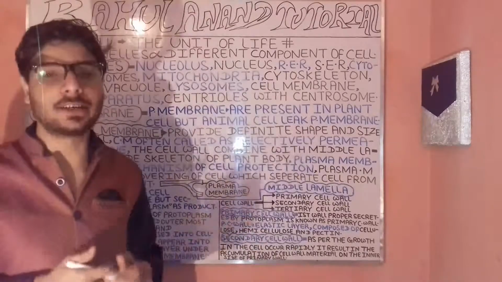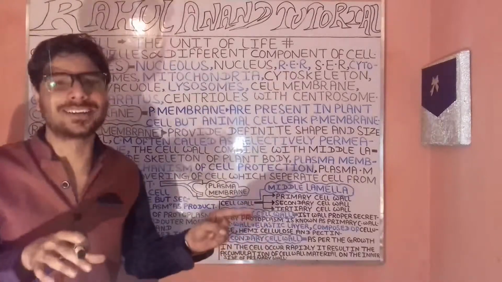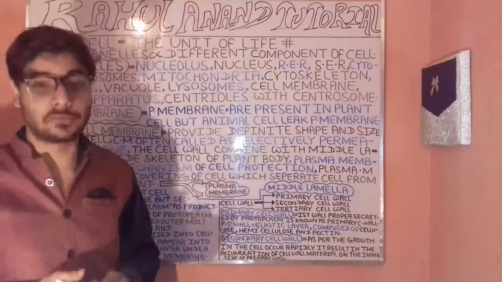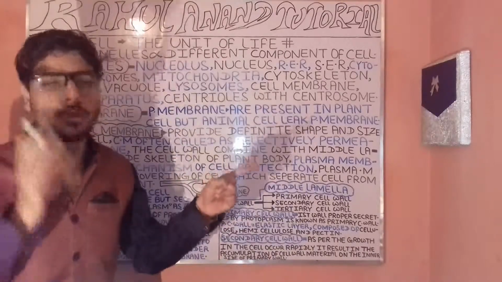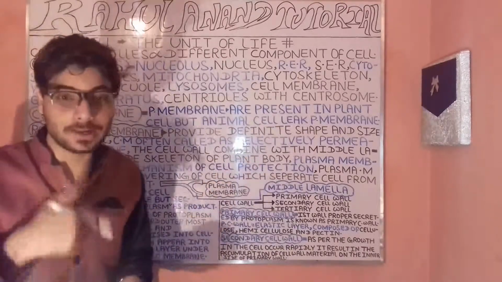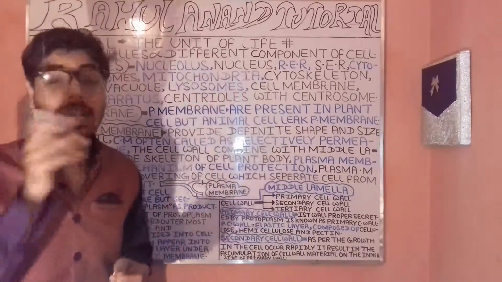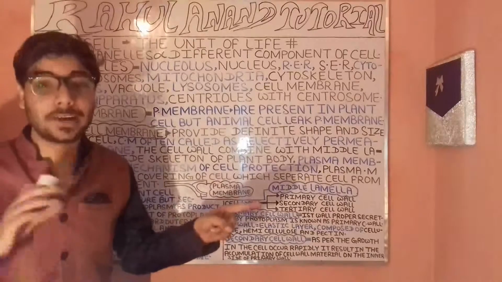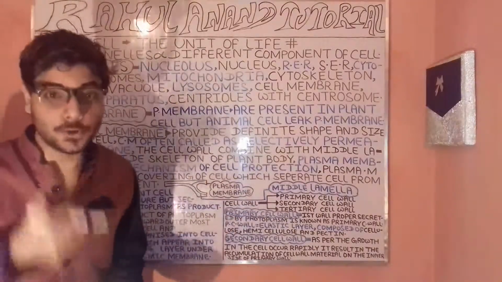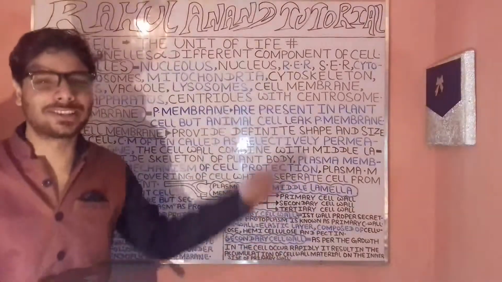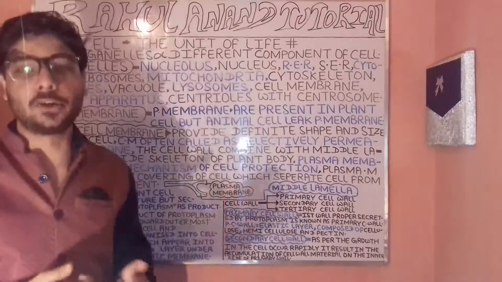Now let's understand this with a bit of introduction. These were the names Robert Hooke and Robert Brown. Often you will have other names, such as Matthias Schleiden as well as Theodor Schwann. This is the condition when we are talking about the cell, the unit of life.